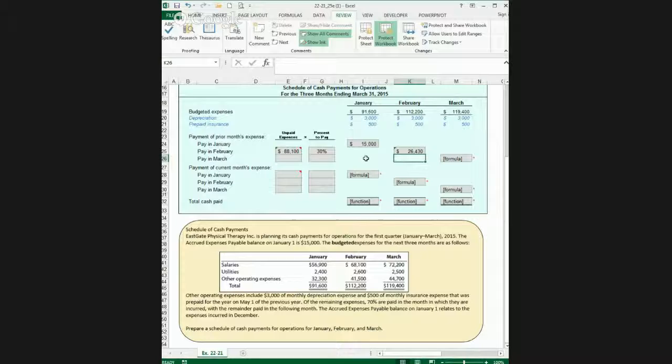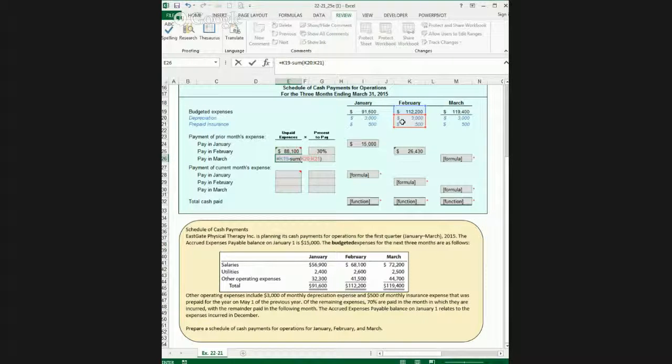And finally, for March, March's payment would be 30% of February's cash expense. So let's create a new formula, push equal sign, push to the February total expenses, and then deduct the sum of the non-cash expenses, depreciation and prepaid insurance.